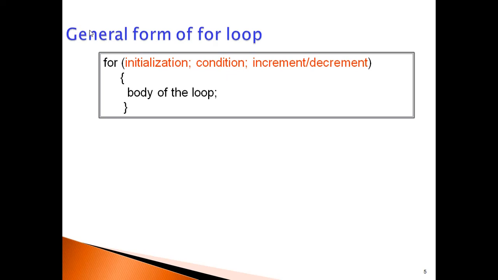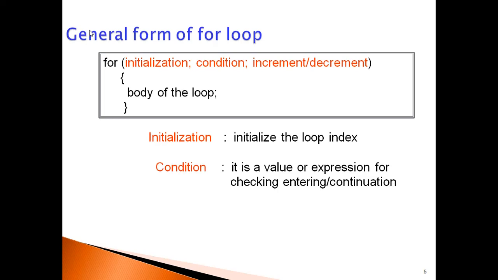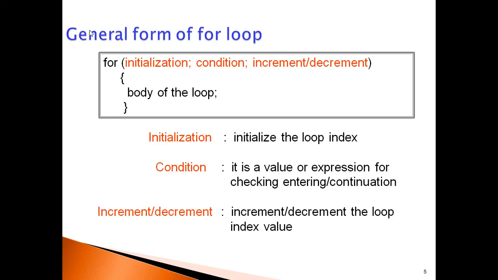This process is repeated until the condition is false. Whenever the condition is false, it exits from the for loop and executes the following instructions of the for loop. This is the concept of the for loop.